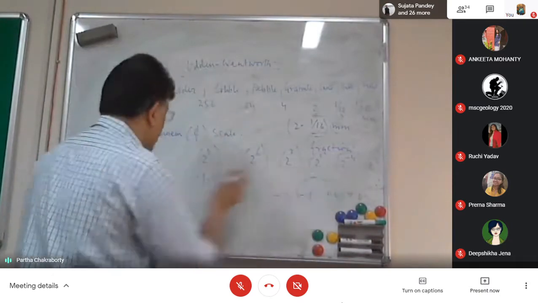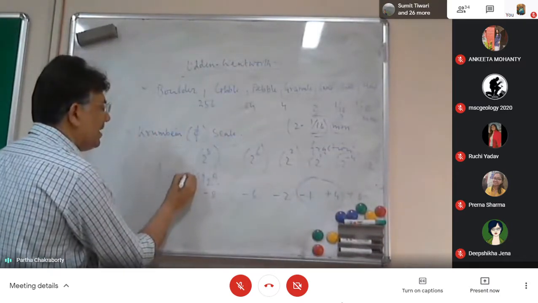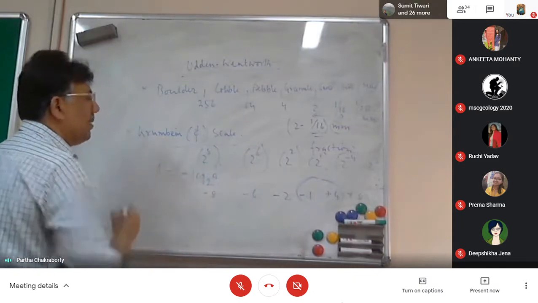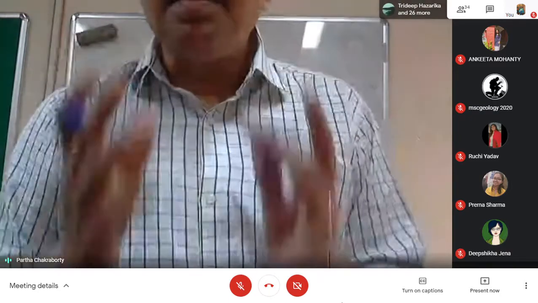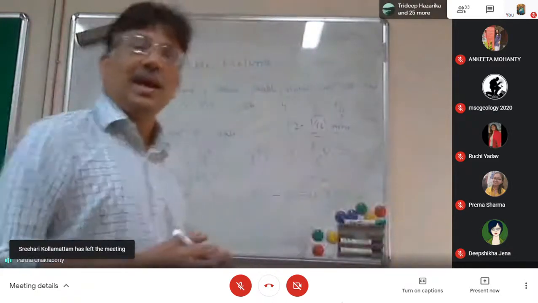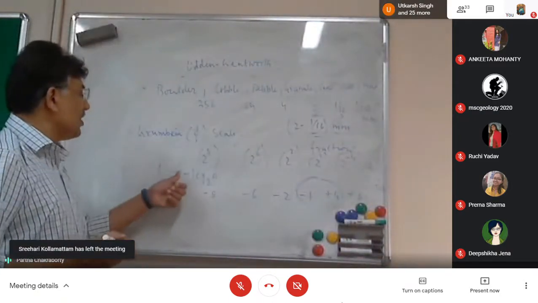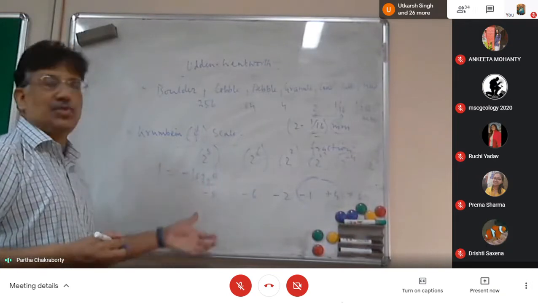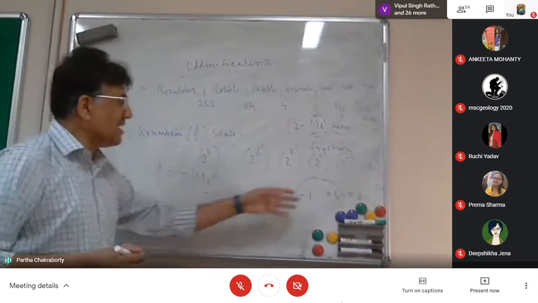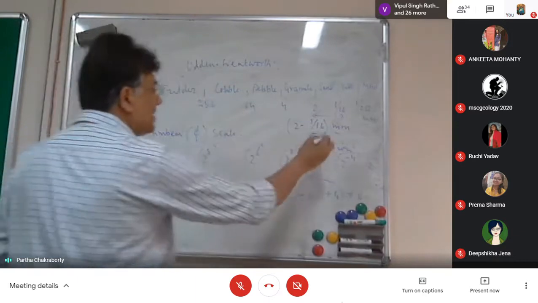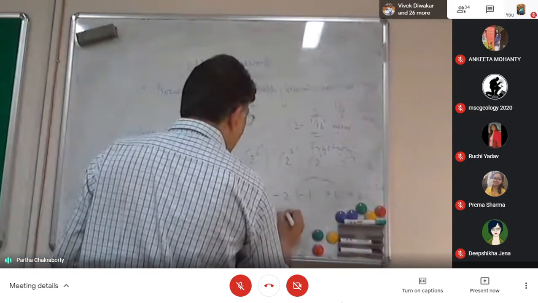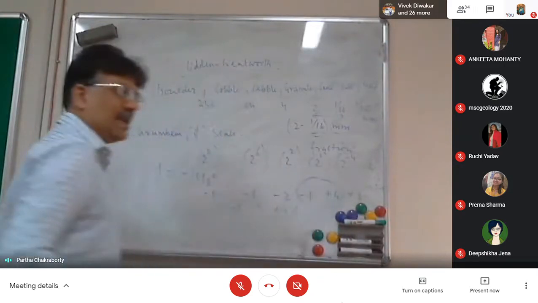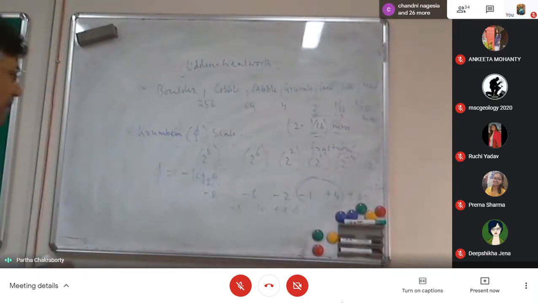Just to make them positive, you put a negative sign at the beginning, so that you get the values as positive integers. And that's why phi is equal to minus log to the base 2. Then what is the sand size? Sand size is from minus 1 to plus 4 phi.